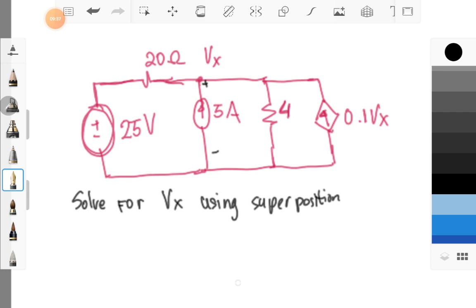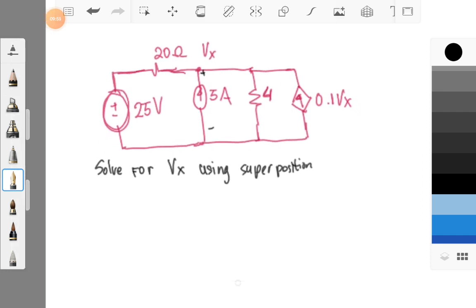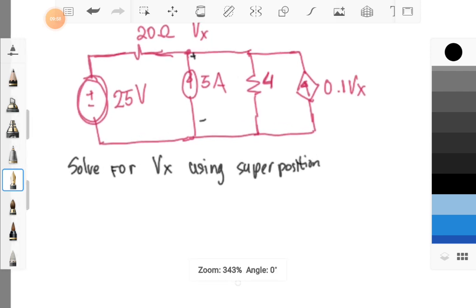Particularly, pwede mo rin siyang i-analyze at your superposition. Pag sinasabi kasi natin superposition is that we will analyze the problem with its source. So, pwede rin natin gamitin yung mesh and nodal analysis pag natanggalan natin yung ibang sources. Okay, so we will analyze your Vx at 25 volts.